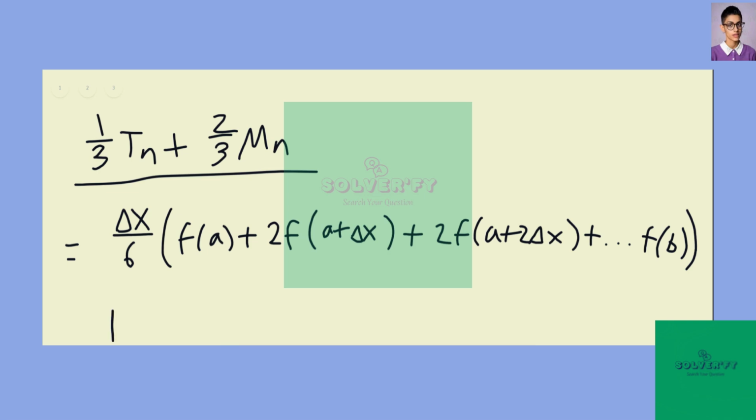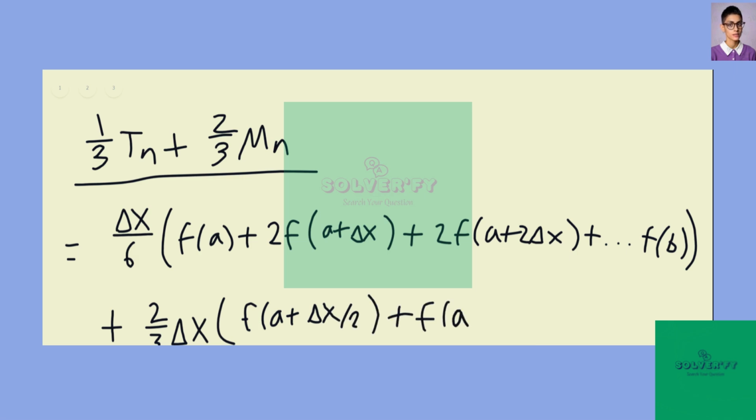So that's the trapezoid part, plus 2/3 delta x times the midpoint part, which is f of a plus delta x over 2 plus f of a plus 3 delta x over 2 plus dot dot dot. So now you can see that we can factor out delta x over 3 from both of these.